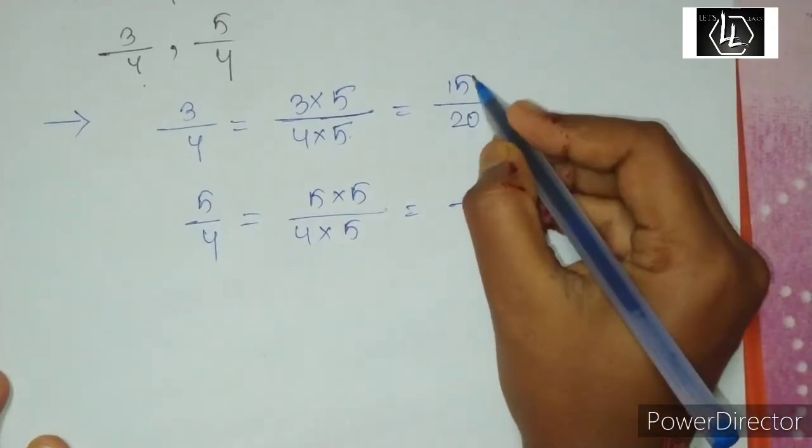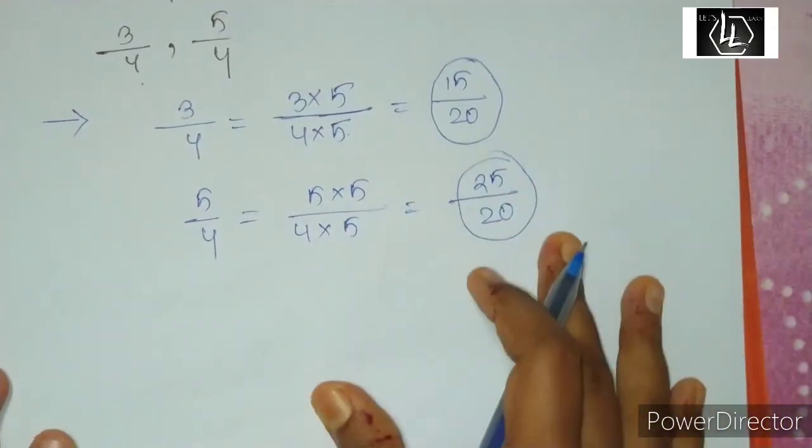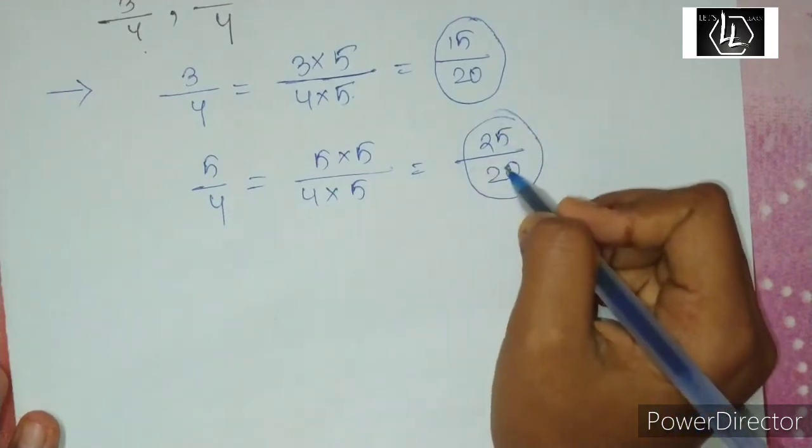Now as we have to find the numbers between these, we can't write these two numbers.